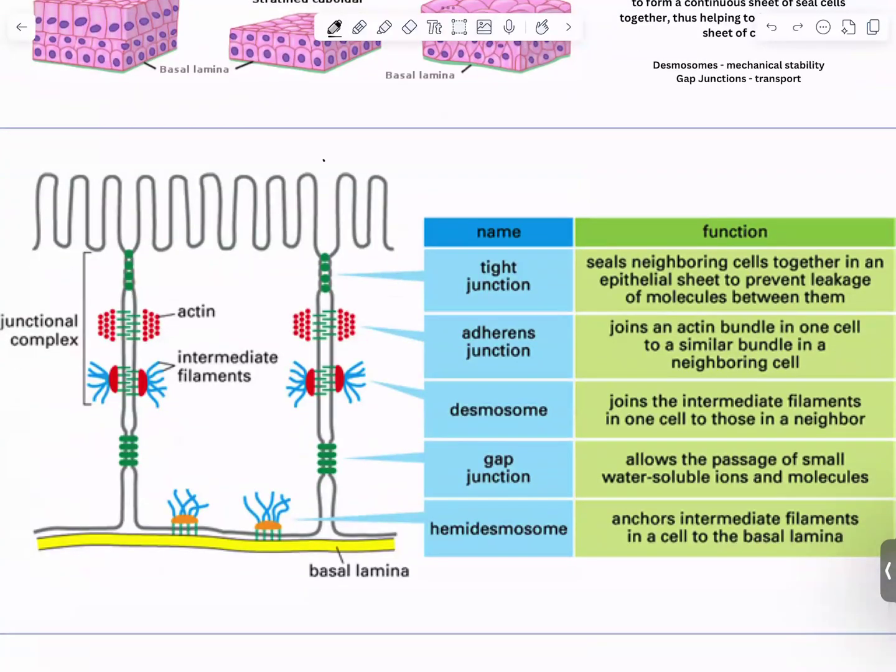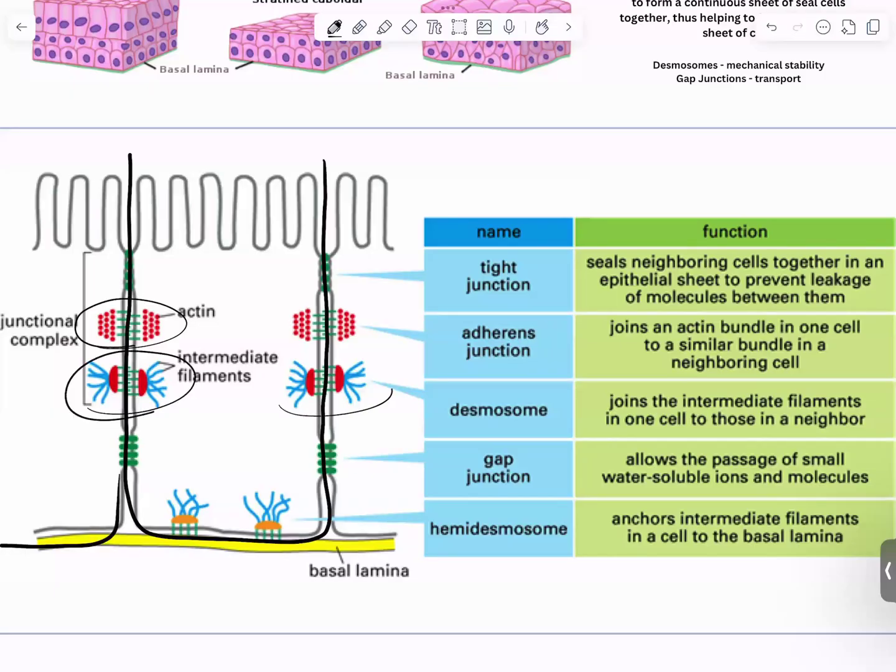This is one cell, and this is another cell here. You can see these cells are connected to each other by these specific structures, right? And also, you can see that these cells are connected to the other layers, which is the basement membrane, and these are another type of junctions.